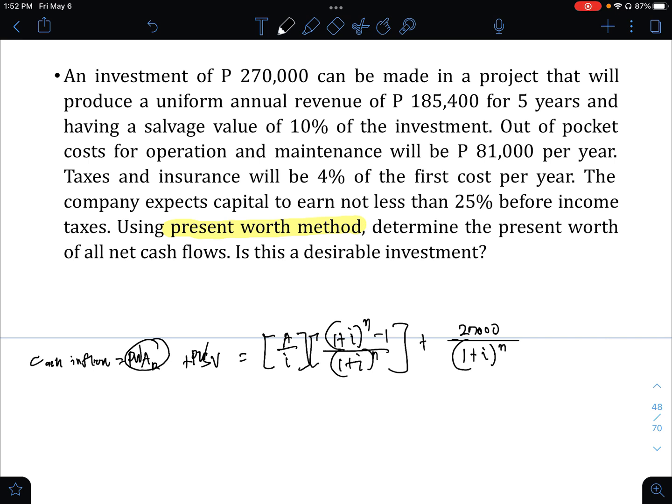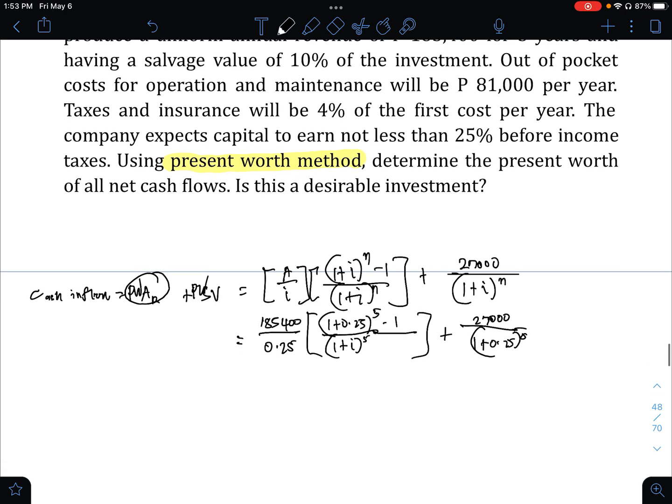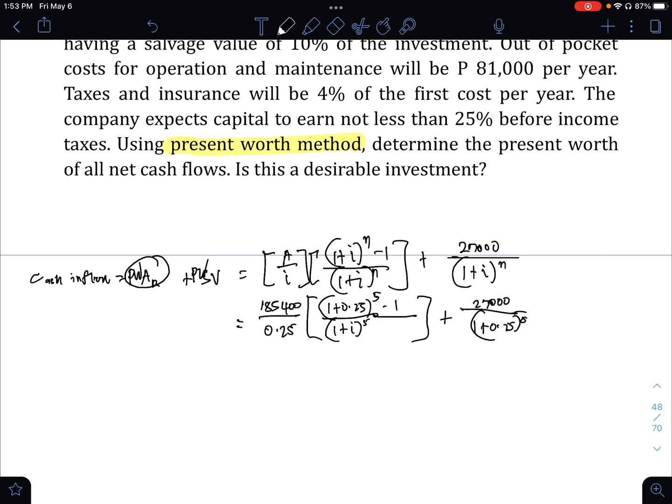Okay. Ako na magsulat. So ito, 185,400 over 0.25, times 1 plus 0.25 raised to the power of 5 years minus 1 over 1 plus 0.25 raised to the power of 5. Plus 27,000 divided by 1 plus 0.25 raised to the power of 5 years.